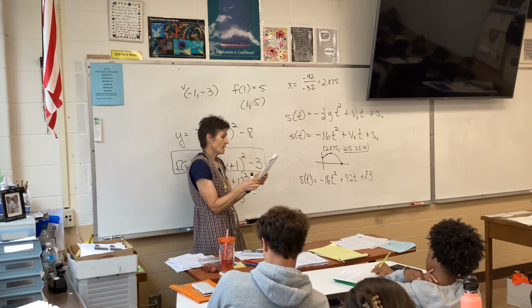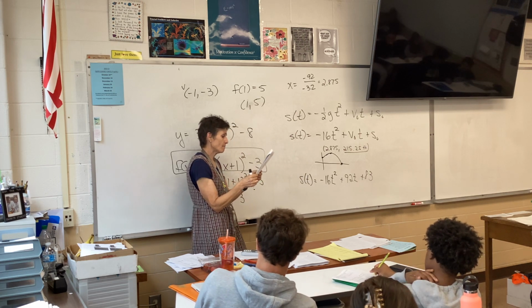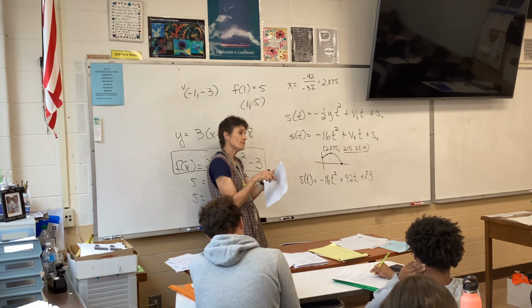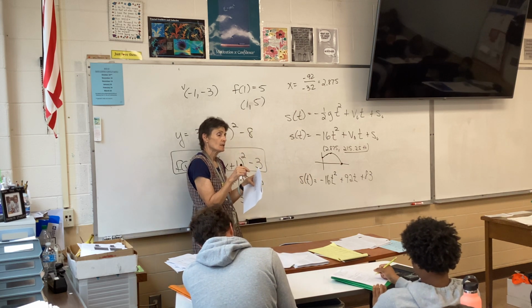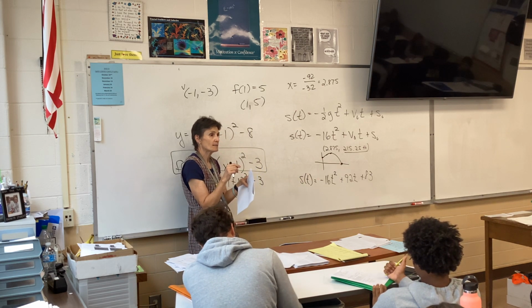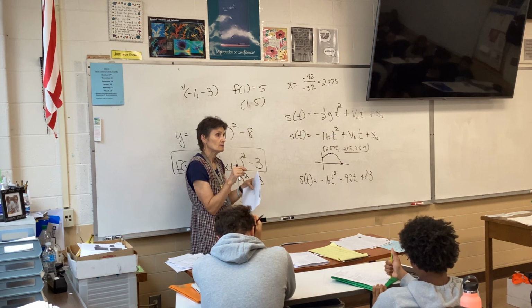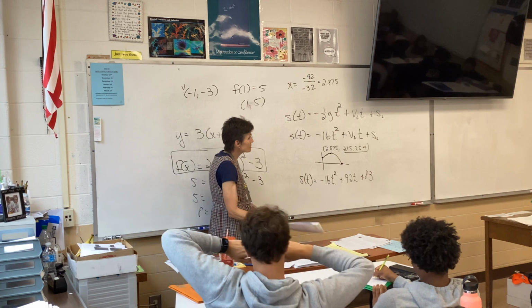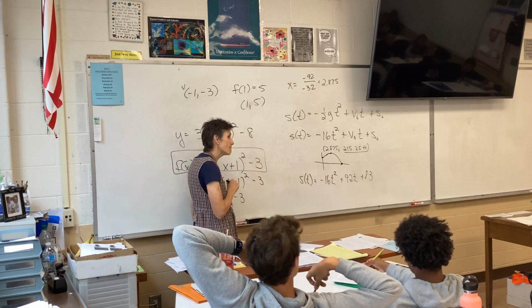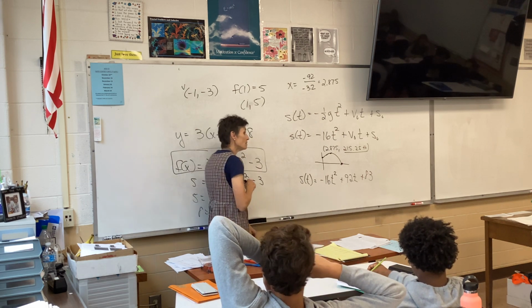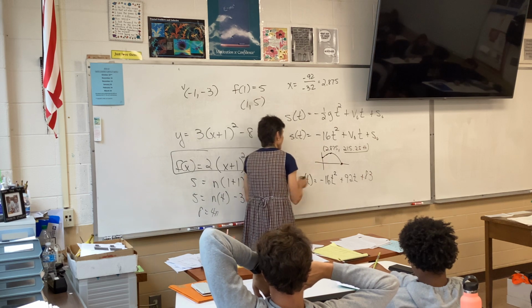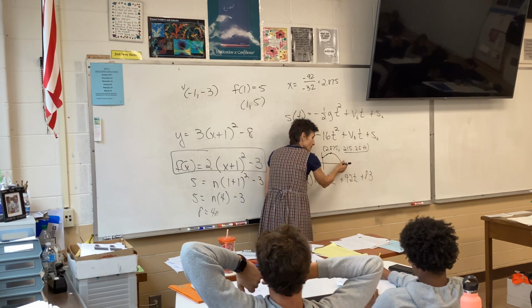Easy. How much time is the ball in the air? What do you think, Lewis? When you plug 0 in for s of t. Oh, Lewis says, I need to know what this is right here.